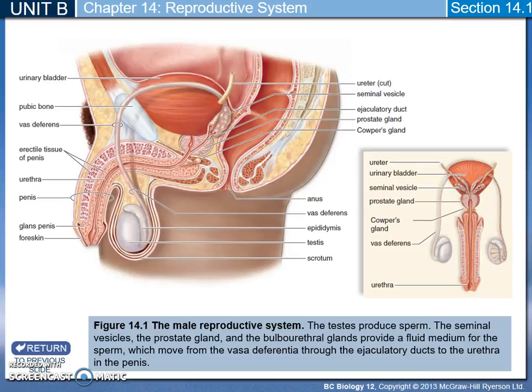The one thing that I would point out here is that the urethra in the male serves double duty for the urinary system and the reproductive system, as the bladder empties into the urethra, as do the contents from the reproductive vessels, such as the vas deferens and the products from the seminal vesicle, prostate gland, and Cowper's gland. Those are also directed into the urethra.